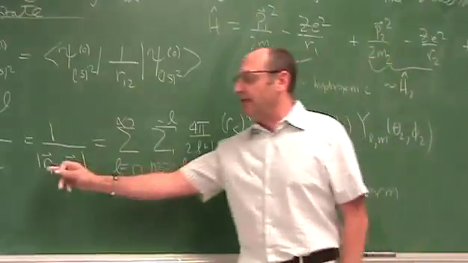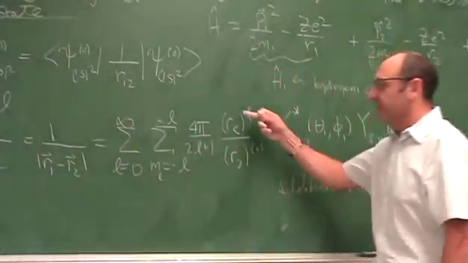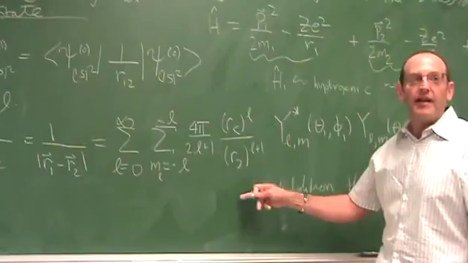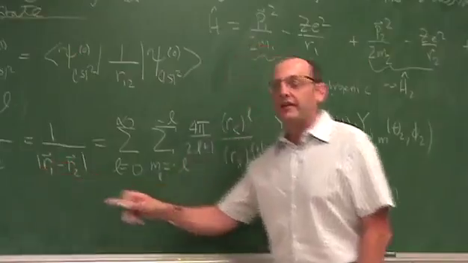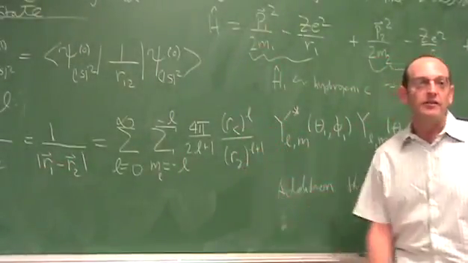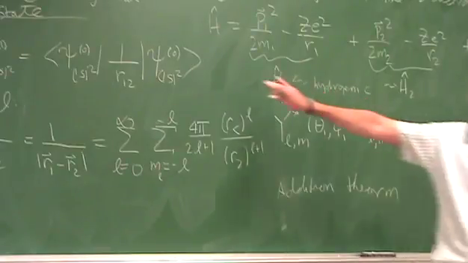So if the magnitude of R1 is smaller than the magnitude of R2, then this is R1 over R2. If the magnitude of R2 is smaller than the magnitude of R1, then this is R2 over R1. So the less than or greater than means whichever one is smaller goes on the top. Okay? It's a formula you've seen before? Yeah, good.